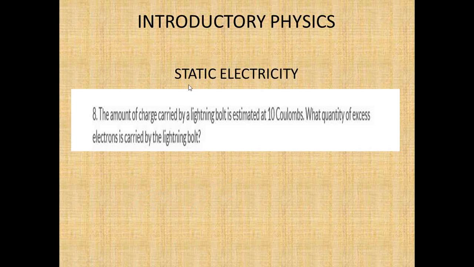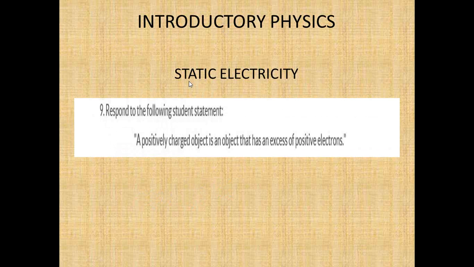Let's look at question 9. Question 9 reads, respond to the following student statement: a positively charged object is an object that has an excess of positive electrons.